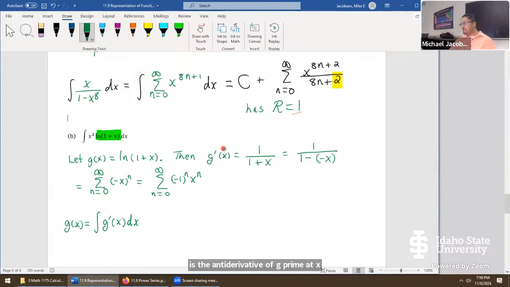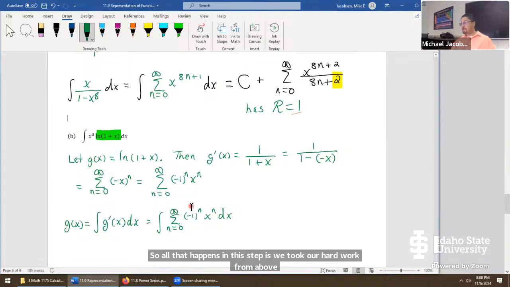And so now when we go to write this out, we're dealing with the antiderivative of a summation from 0 to infinity, negative 1 to the nth power, x to the nth power, dx. So all that happens in this step is we took our hard work from above through the power series down inside here.